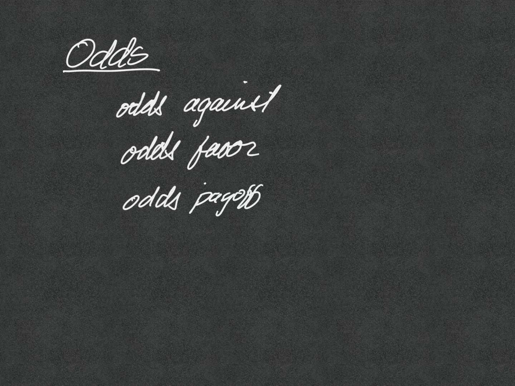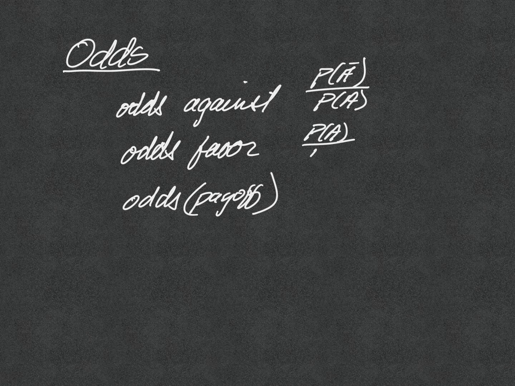The odds against are defined as the probability of an event not occurring over the probability of the event. The odds in favor are the reciprocal of that.